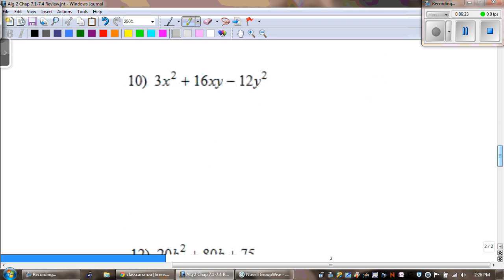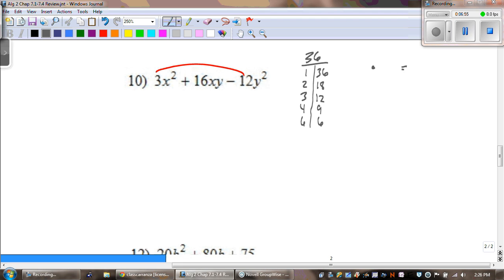Number 10. Is there a GCF? No, there's nothing that they all have in common. So what I would do is we would start with 3 times 12, which is 36. 1 and 36, 2 and 18, 3 and 12, 4 and 9, 6 and 6.